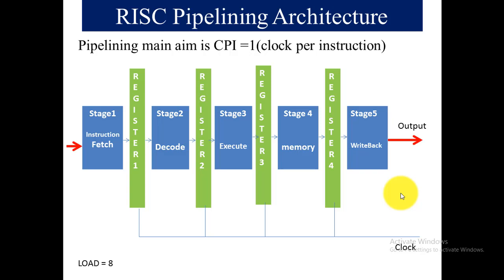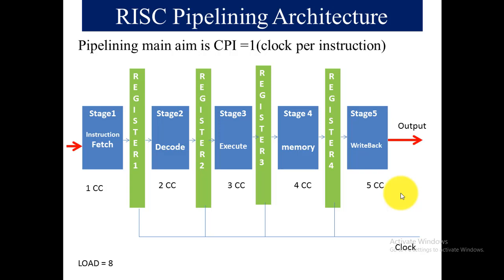So if load is equal to 8, meaning we have to execute 8 instructions, then the instruction will pass through the first stage in the first clock cycle, the second stage in the second clock cycle, the third stage in the third clock cycle, the fourth stage in the fourth clock cycle, and the fifth stage, the last stage, in the fifth clock cycle. This is the same as we have discussed in non-pipelining architecture. So where is the difference?